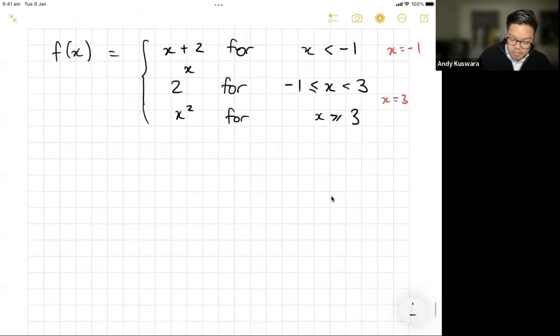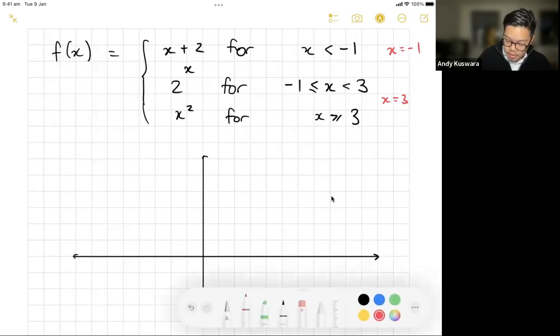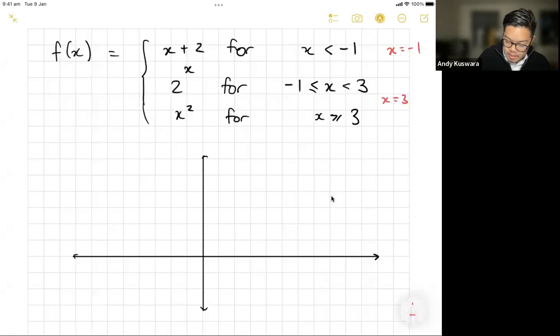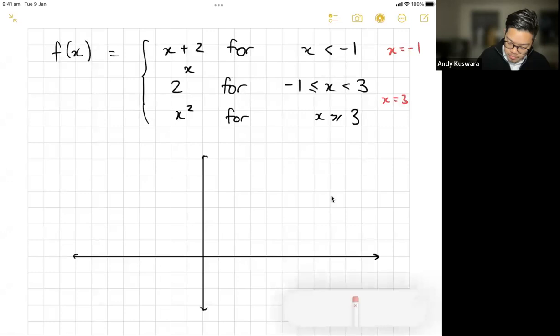For me to draw this graph, I'm going to note a couple of things. Something happens here at x is -1, and then something happens at 3.